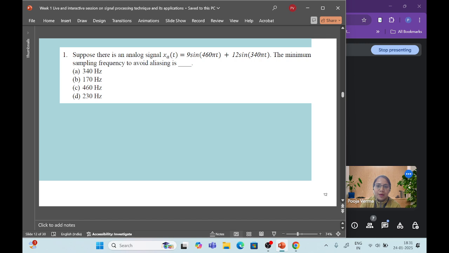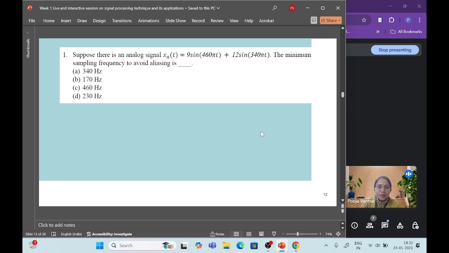The minimum sampling frequency to avoid aliasing is: option A is 340 Hz, option B is 170 Hz, option C is 460 Hz, and option D is 230 Hz. Would any of you like to answer this question? Please answer, then I will describe in detail how we can solve this type of question.